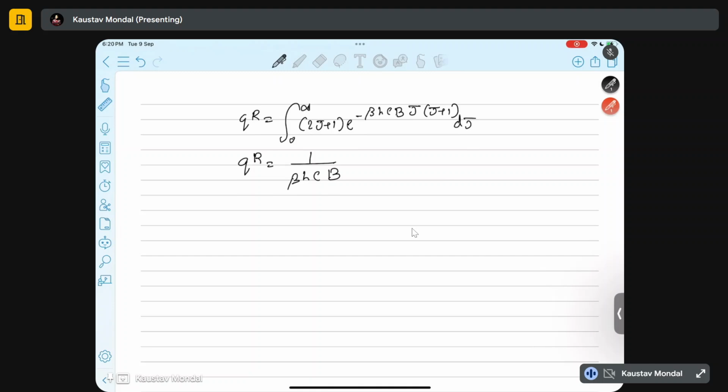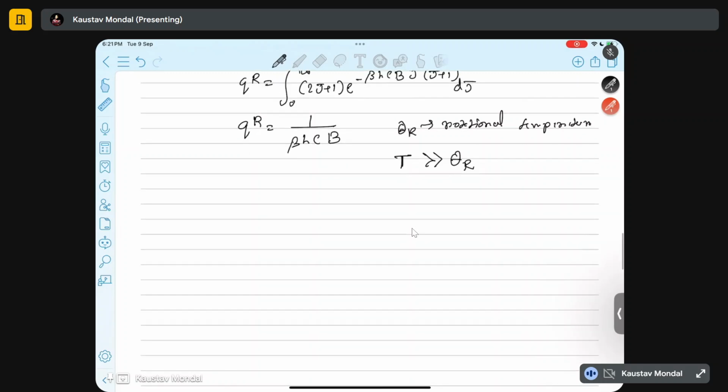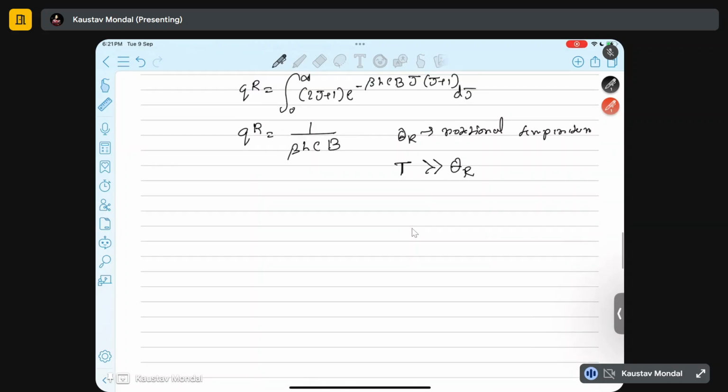Just like in the earlier case, here also we have to define a reference temperature, which we call theta r, the rotational temperature. Only when the temperature of the system, T, is much greater than the rotational temperature is this approximation valid.